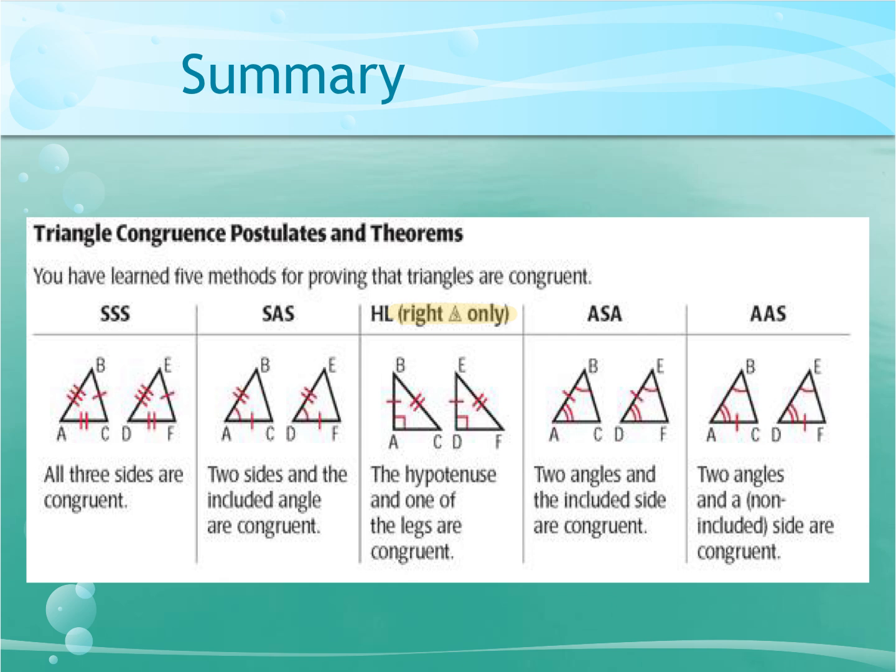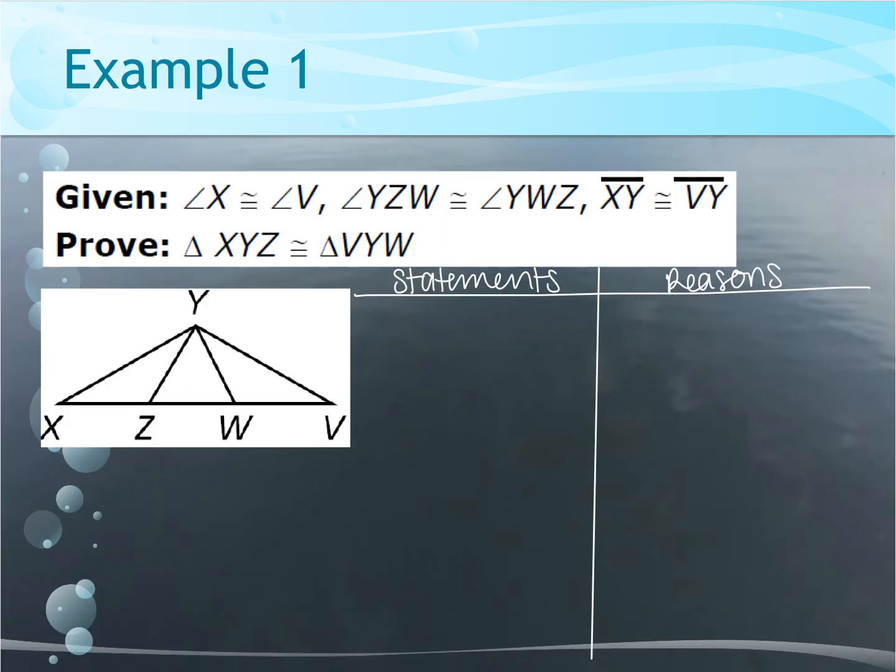All right, looking at the next one. This is a proof. We're going to go ahead and start covering proofs for the remaining of these. So please pay attention. If you have a question, ask, because I want you guys to understand these. It's giving us our given, so I'm just going to go ahead and write it down.